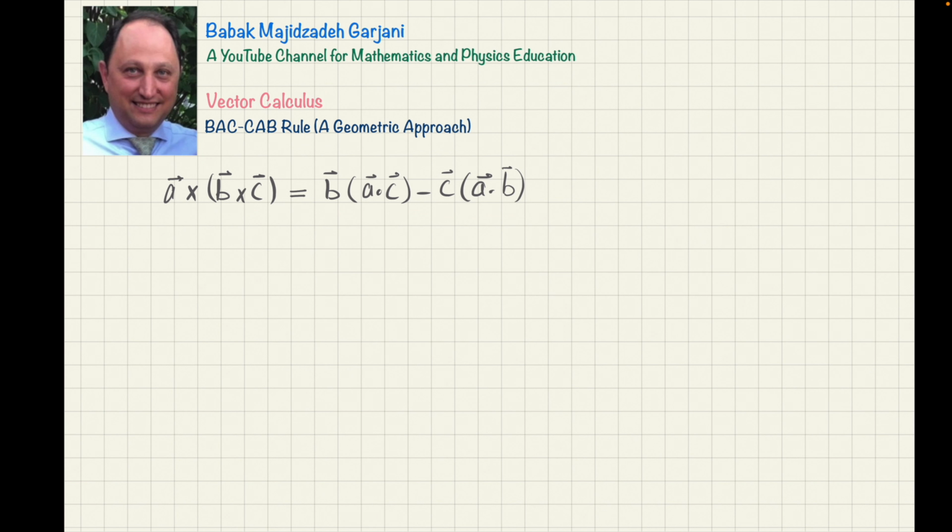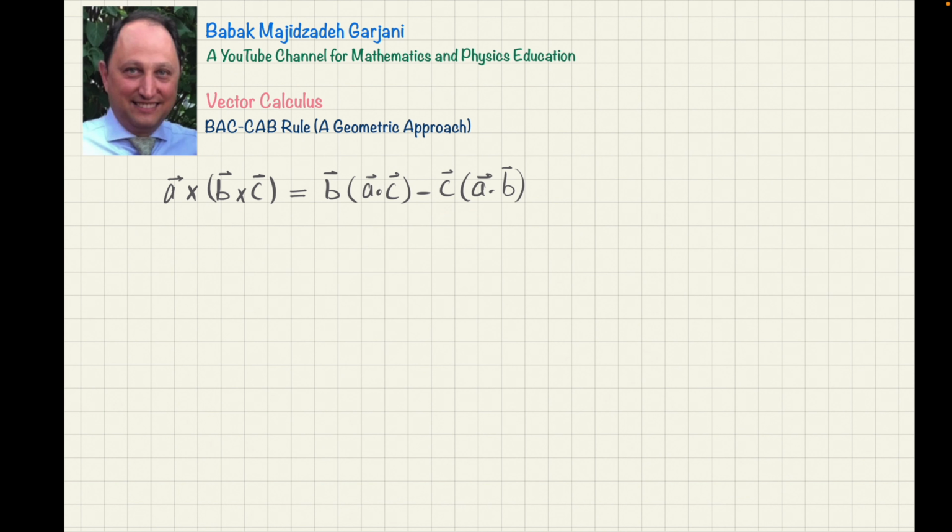And probably the most elegant proof for this, you can find in texts on mathematical physics, that use the tensor notation, and I will also present that at the end of this video for the students or the people who are interested and familiar with those kinds of things. But before that, I want you to understand that the form on the right hand side is predictable for us even if we don't know the formula.